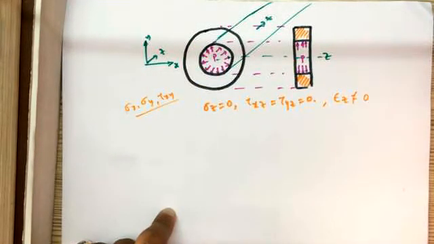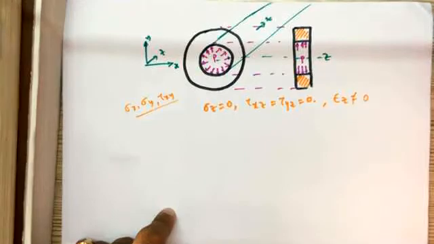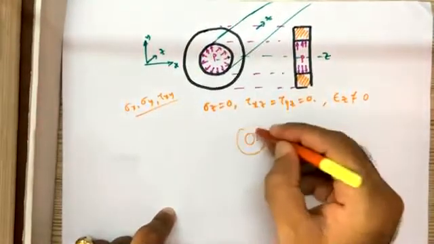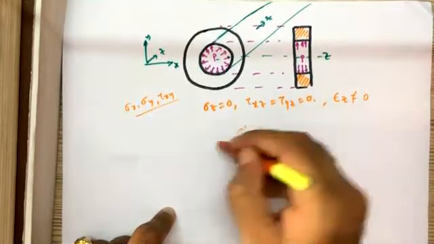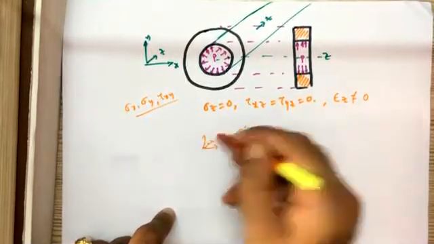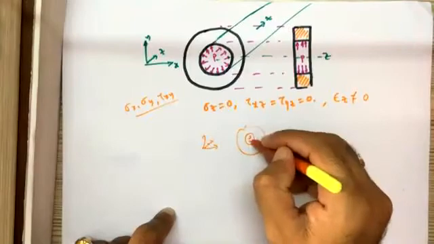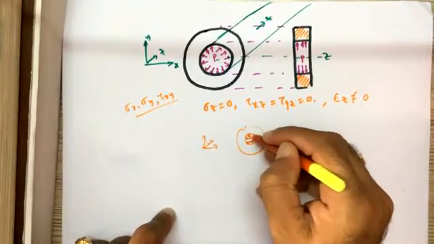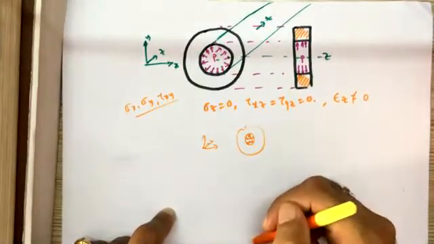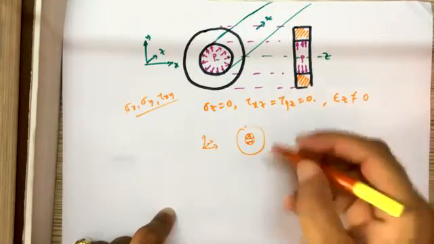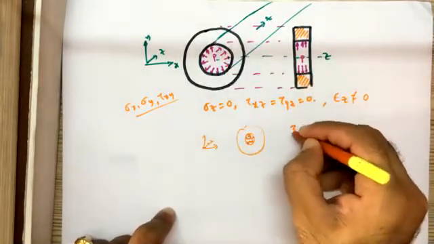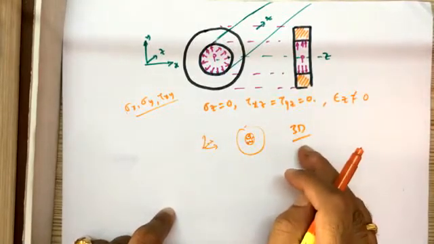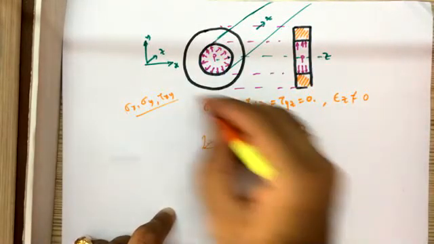If you consider this as a washer, the Z direction thickness is very, very small, but the loading is on the plane, in this particular plane xy. So we consider these kinds of problems as plane stress. And in math, understand very clearly that this is 3D. You have x, y, and z.